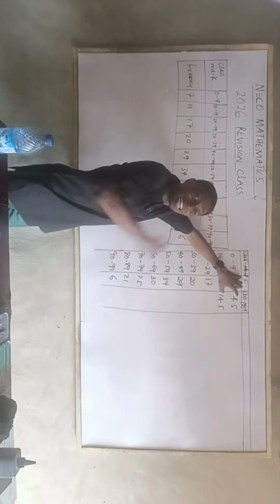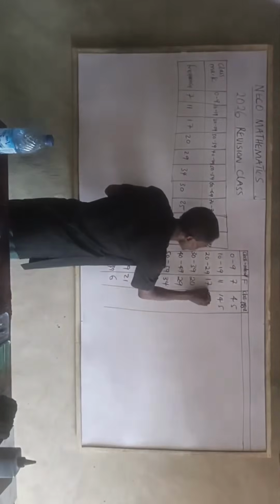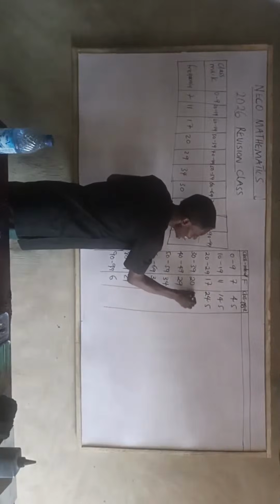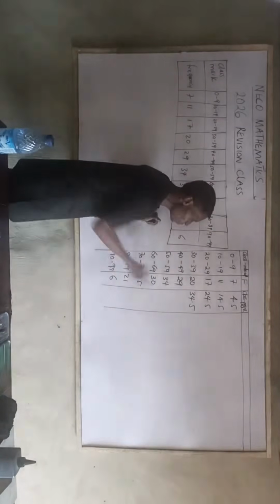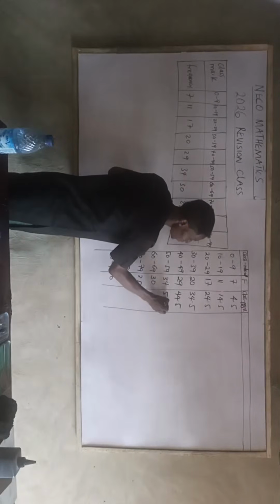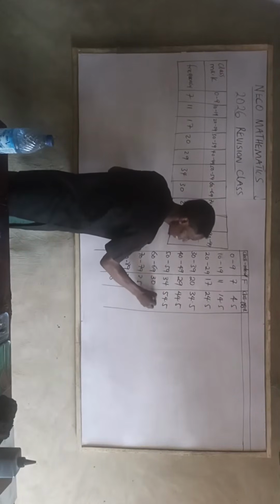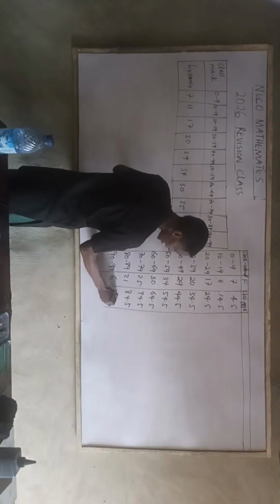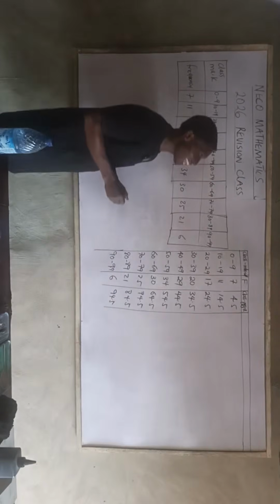Then just continue that multiple of 10. Then here you have 24.5, plus 10 again, 34.5. Very simple. Plus 10, plus 10, plus 10, plus 10, plus 10, plus 10. So I've been able to do the class mark.